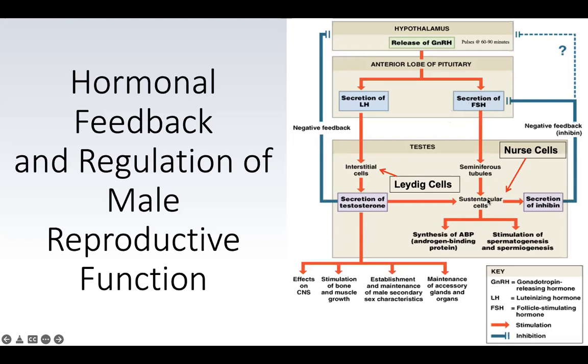This will trigger the production and maturation of sperm. It is also what will produce and secrete inhibin, and inhibin will go back to the anterior pituitary gland and say, hey, we've got enough in order to keep negative feedback systems alive when it comes to the male reproductive anatomy.